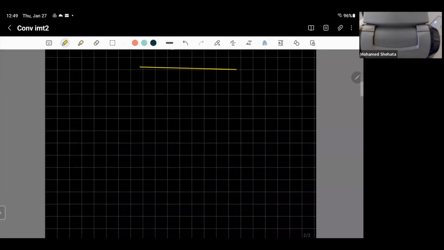We have 2 simple functions. The first one is from -1 up to 2. So that's from -1 to 2, and that's the t, and the value is equal to, and that's called h of t.